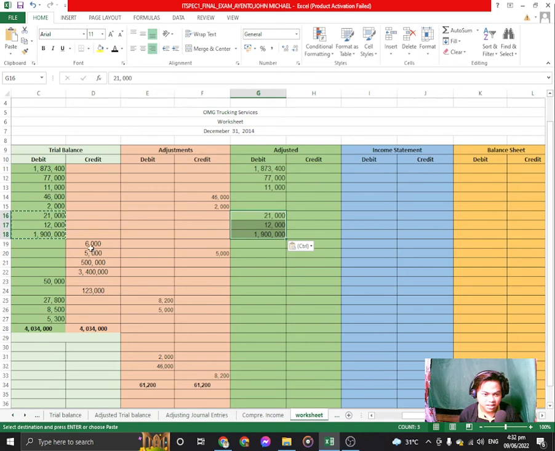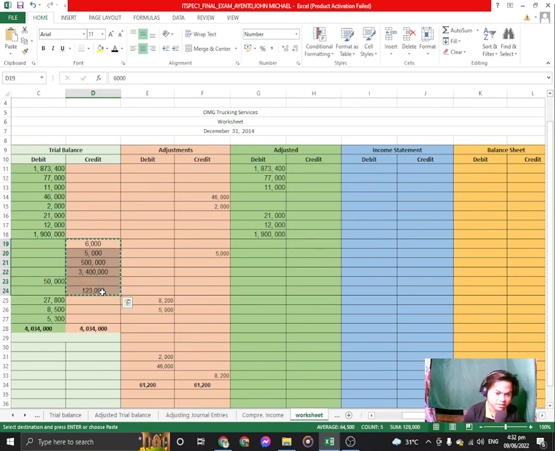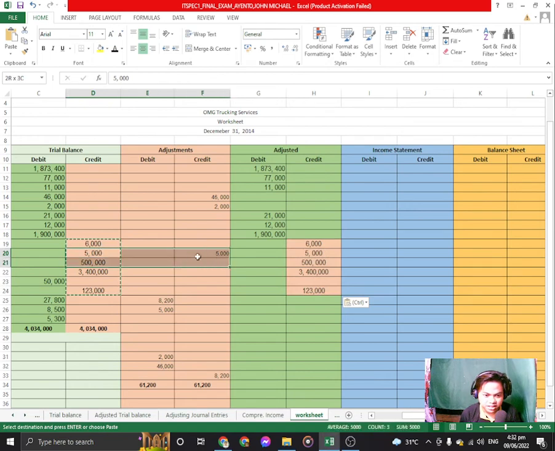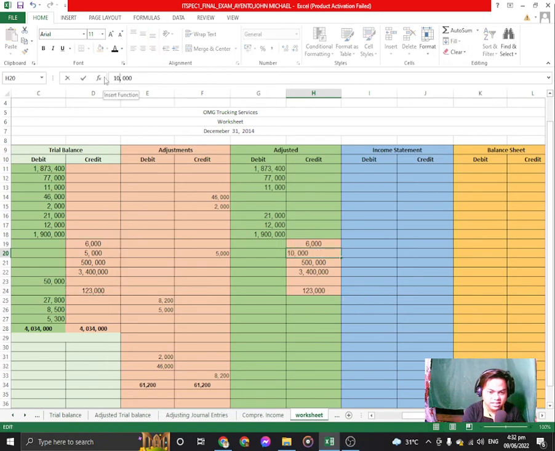And then apil po na si 6,000, apil po na si 123 diri na siya. Okay, but as you can see 5,000 for the credit and 5,000 for credit in trial balance and adjustment. So parehas man sila, so ato siyang i-add. So that's why na siya diri 10,000 pesos. Okay, ay sorry.